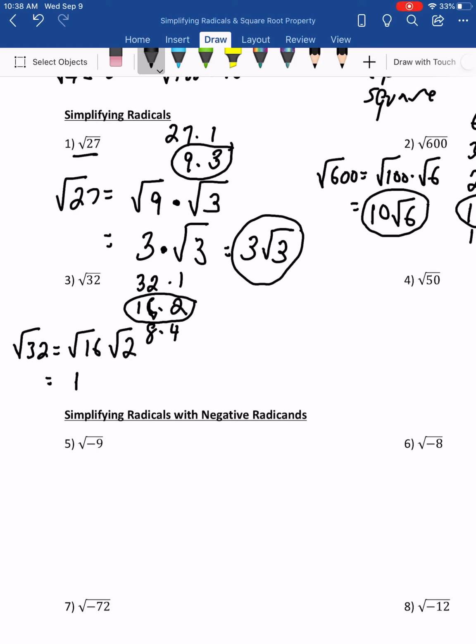All right, one more, square root of 50. So we've got 50 times 1, and we have 25 times 2, and we have 10 times 5.